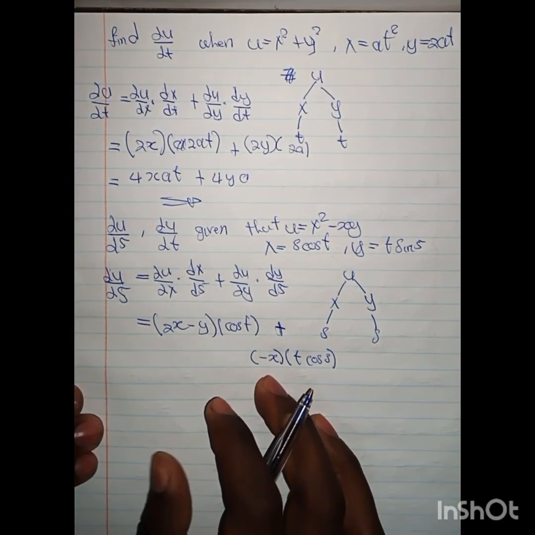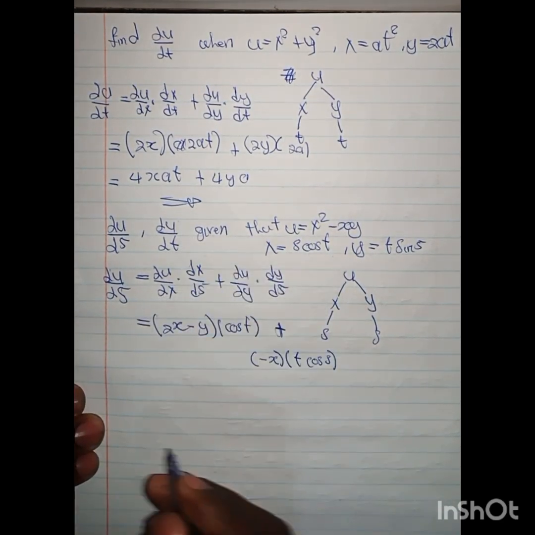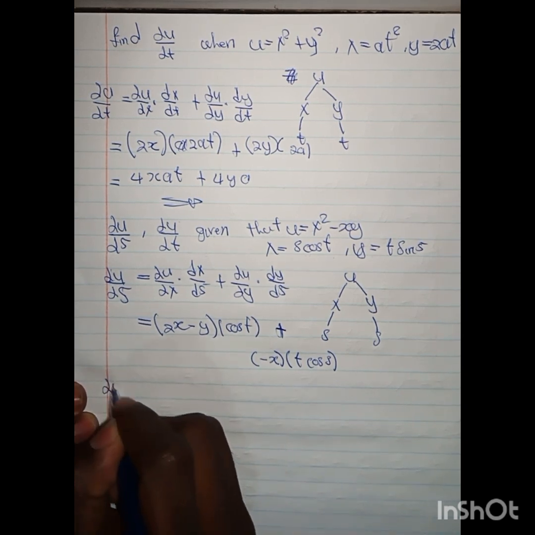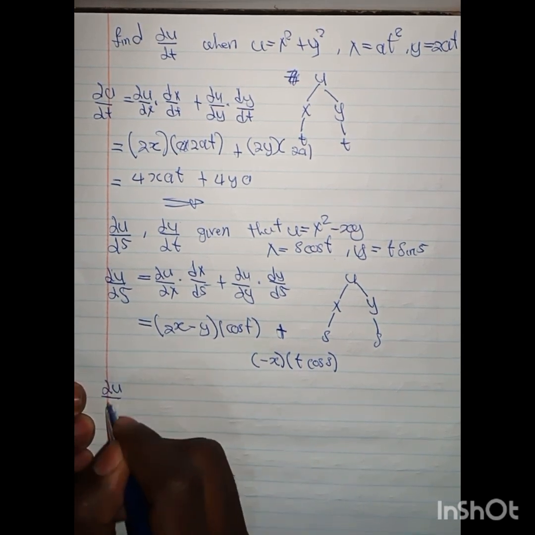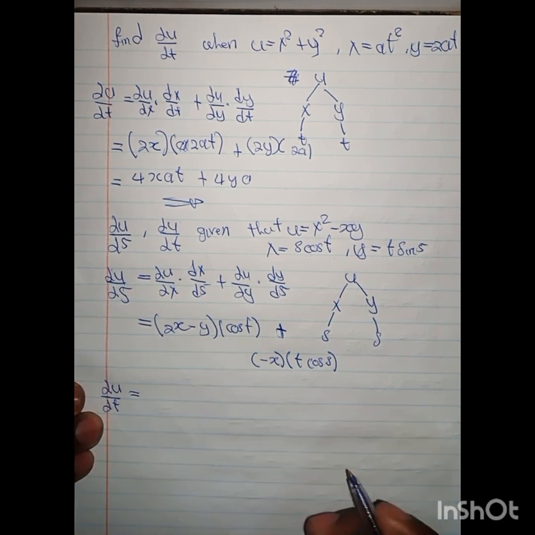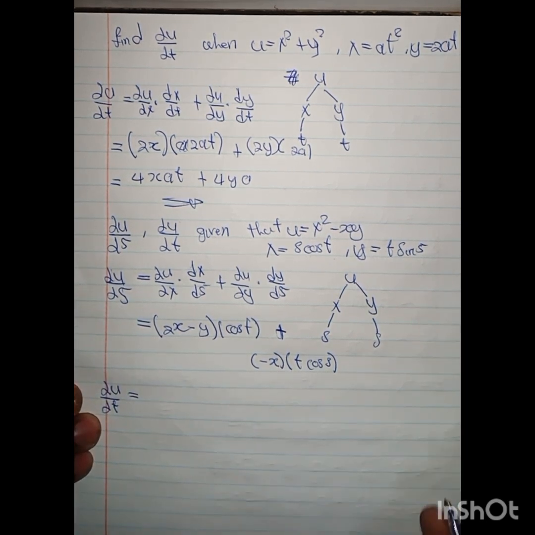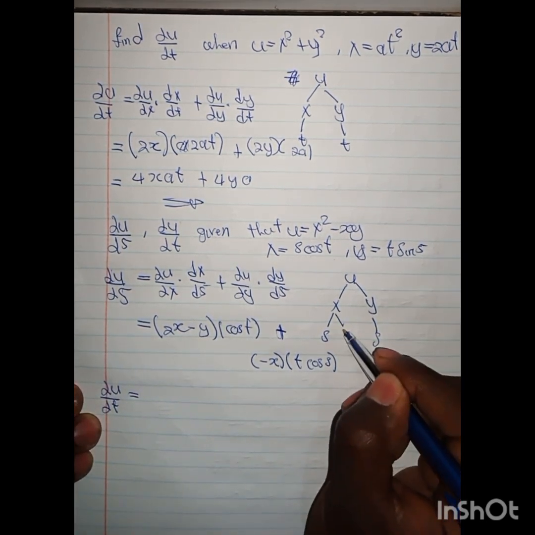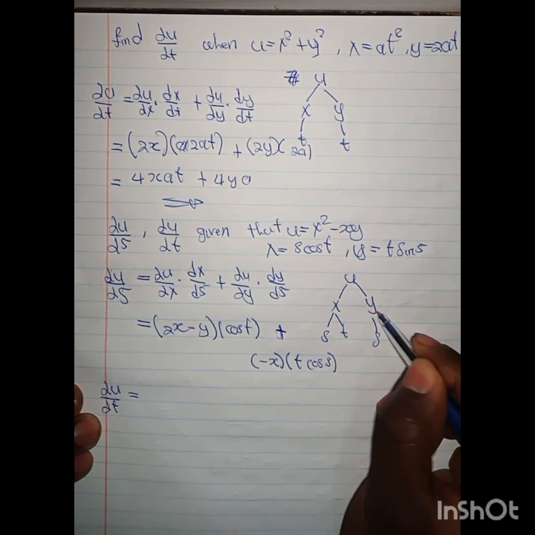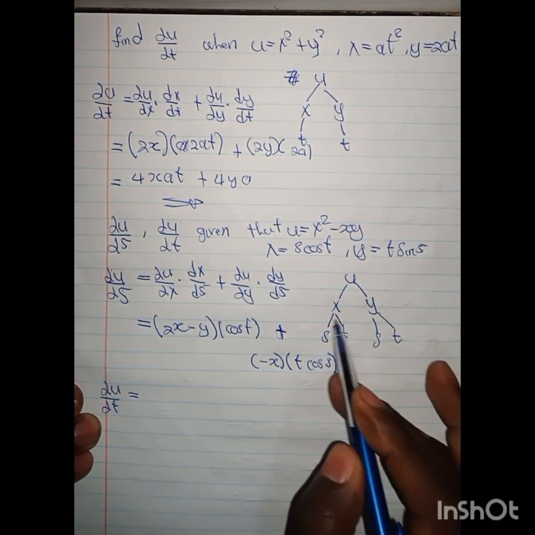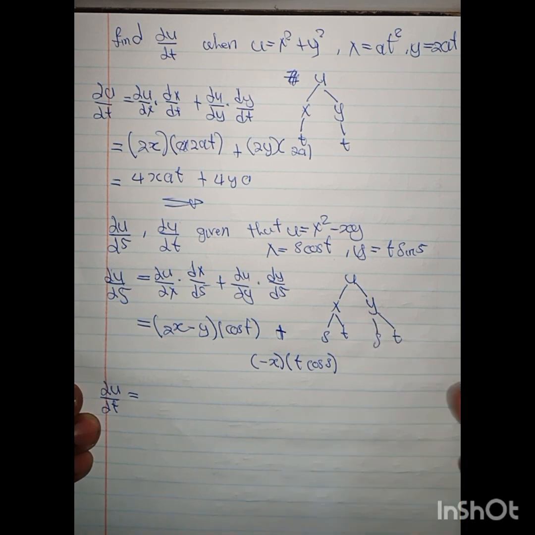And then we also have to find du/dt. How can we go about finding du/dt? It is the same procedure. Out of this, we can just add t here, because x and y also depend on t.